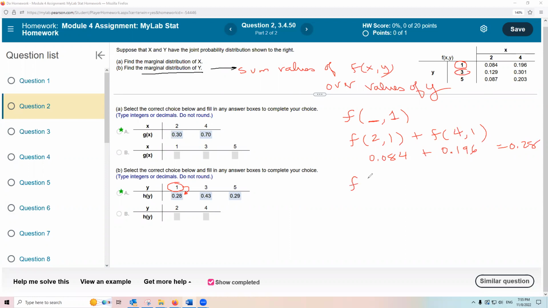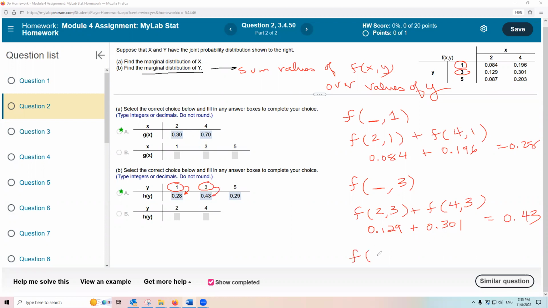So I'm going to work out all of the values where y is fixed to be 3. So this is going to be f of 2, 3 and 4, 3. And I'll get these right from the table: 0.129 plus 0.301, which works out to 0.43. So when y is 3, the sum is 0.43.